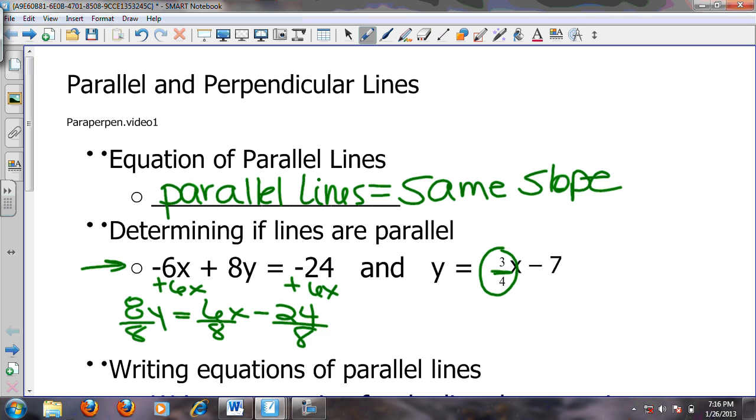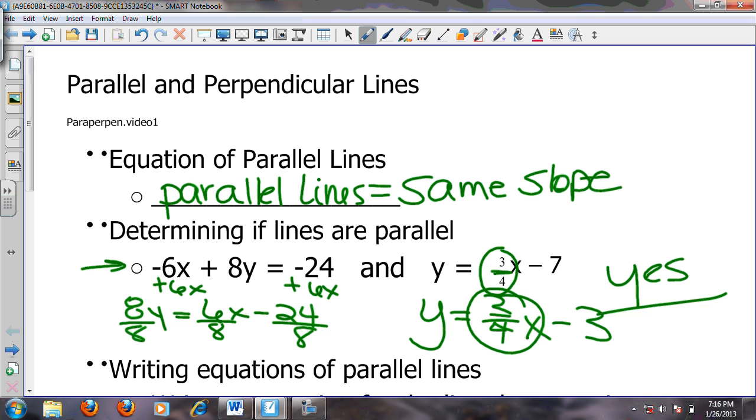So my y-intercept equation becomes y equals 6/8, and 6/8 simplifies to 3/4 x minus 3. Parallel lines have the same slope. Do these two equations have the same slope? Yes. Therefore, they are parallel. Okay?